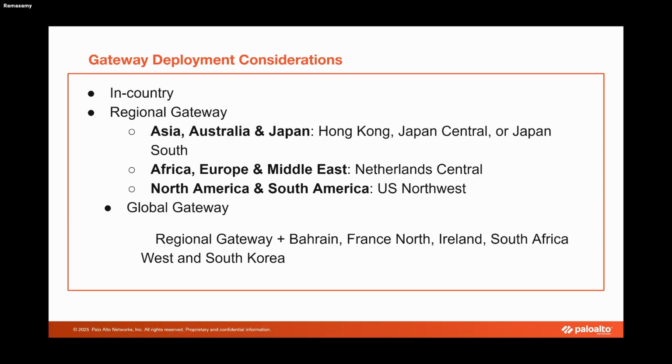It does some calculations, and then the best available gateway from the list will be chosen, and the user will connect to that location. If you don't have an in-country gateway, a regional gateway, or a global gateway, then a user in that country will not be able to connect to GlobalProtect.